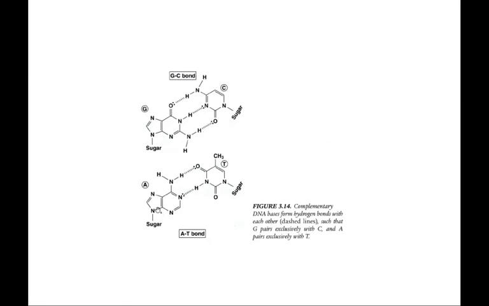However, between nucleotide A and nucleotide T, they only have 2 positions to form bonds, so there are only 2 hydrogen bonds. That's the reason we always say the GC content is so important when we try to understand one DNA or one gene.